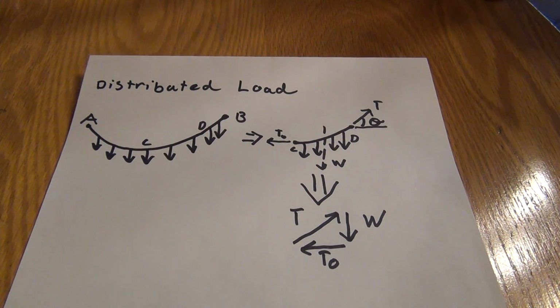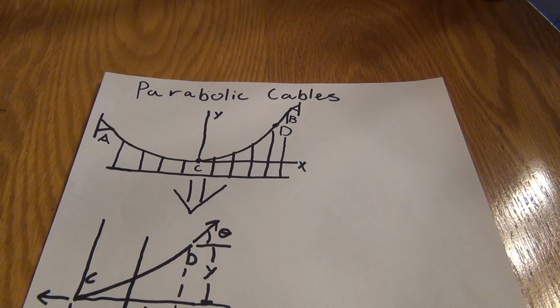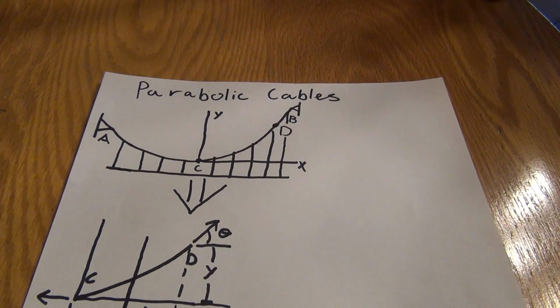The final type of load, which is a type of distributed load, is the parabolic cable. Simply, this is a distributed cable load with something hanging off of it. Hence the Golden Gate Bridge and many other types of bridges with cables.